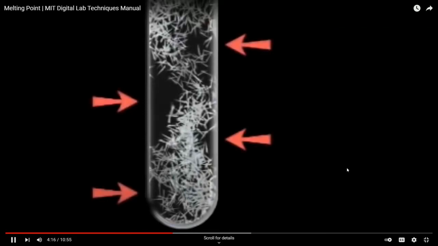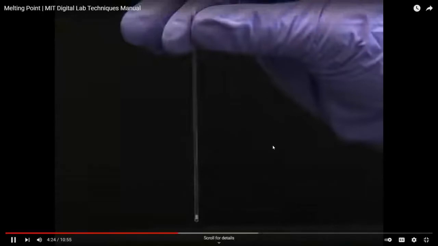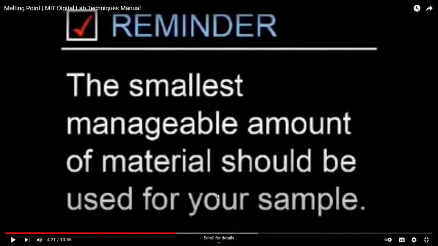Material contains air pockets, which cause the sample to heat unevenly. Ideally, the smallest manageable amount of material should be used, which correlates to a depth of approximately 1 millimeter of packed material. Obviously, I'm teaching at the MIT level. That's my expectation, obviously. But look at them. They are not giving 1 millimeter. As much as you can manage, like you can see and you can detect, right?